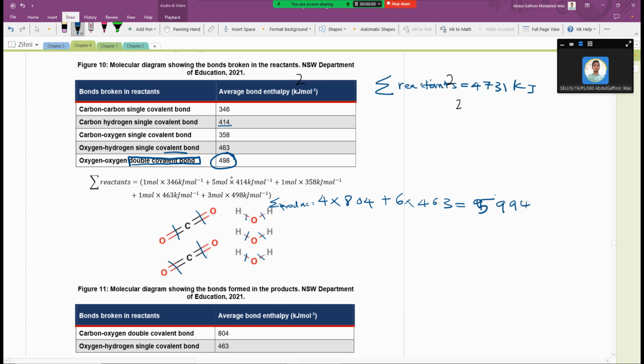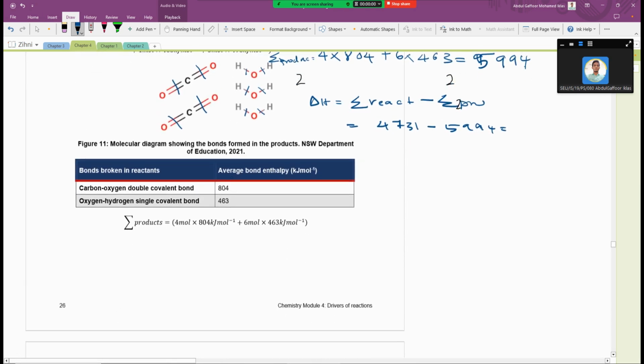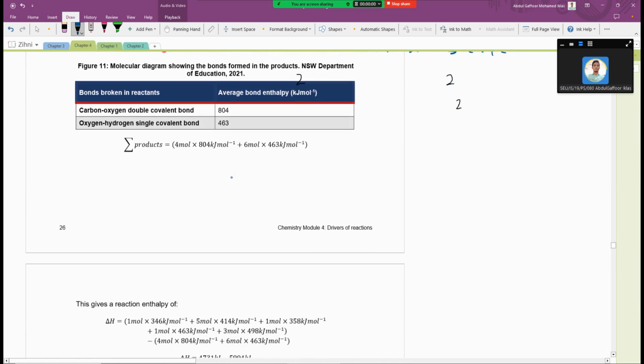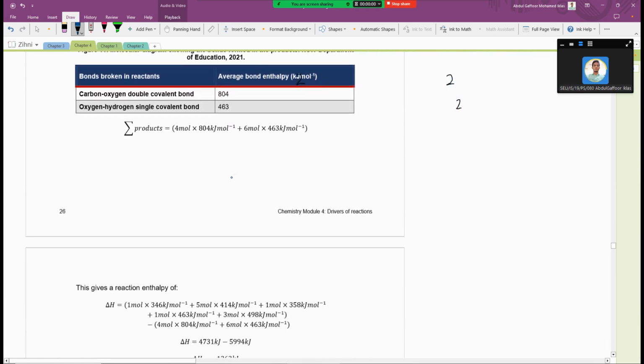994. Okay. Now delta H is equal to summation reactant minus summation product. So the answer would be 4731 minus 5994. What would be the answer? Minus 1263.